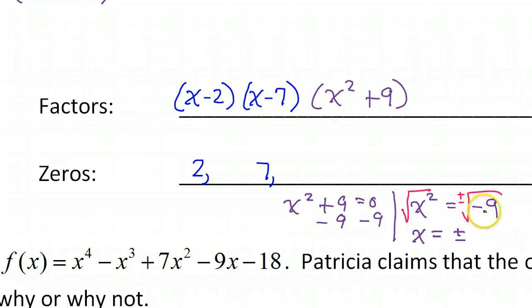Now we know we're going to have i because of the negative under the radical. Ignoring the negative for a minute, the square root of 9 is 3. Because of the negative under the radical, that is 3i, so plus or minus 3i. I'd like to write it separately, so let's put 3i and then negative 3i. Okay, so those are all the zeros, and this is the factored form.